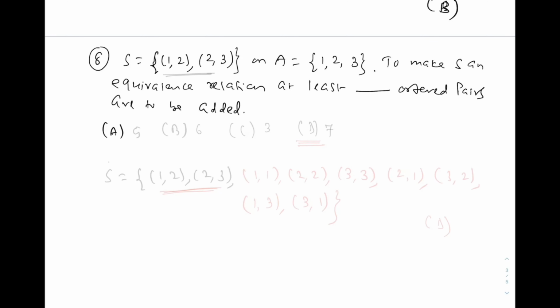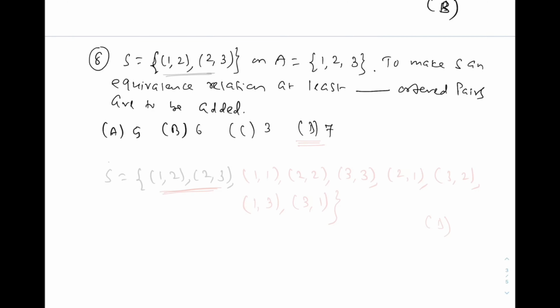The options are: 5 pairs need to be added, how many pairs to be added so that this becomes an equivalence relation? 6, 3, 7.